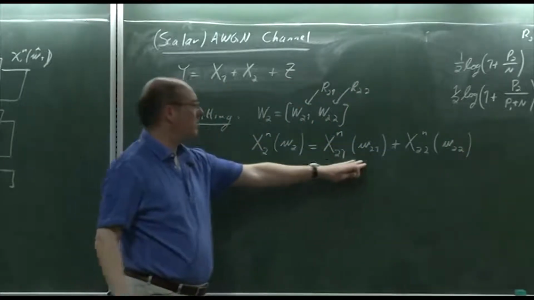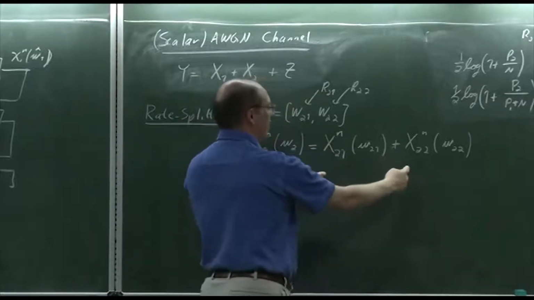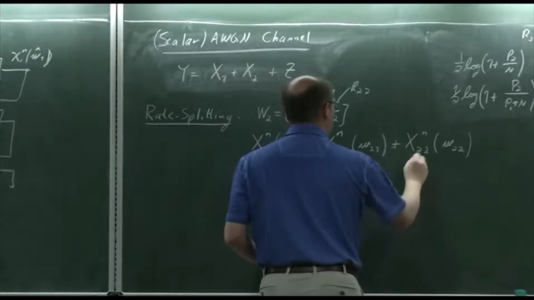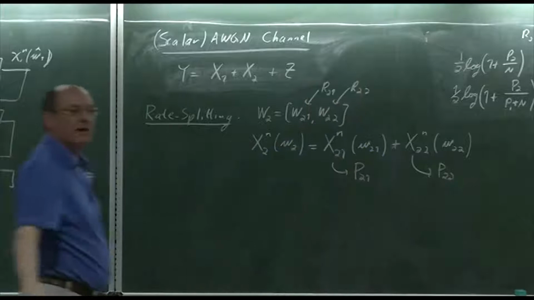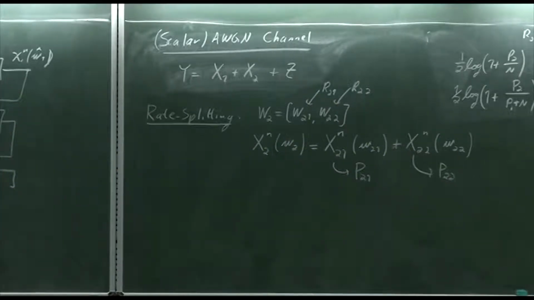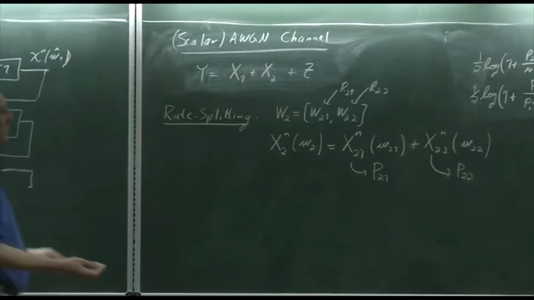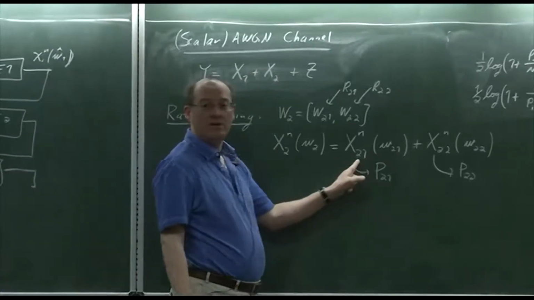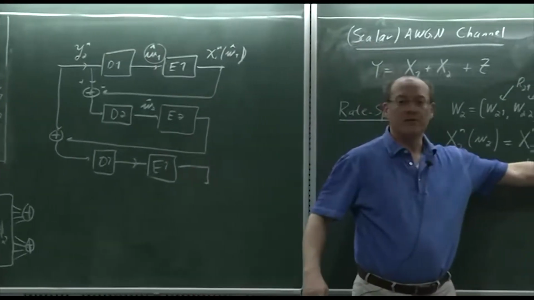We'll choose these codebooks to have lower rate, and then we add them together. We just have to make sure that the power we use here, let's call it P21, and the power we use here, P22, sum to the power of user 2. And now we'll decode using successive interference cancellation again, but we'll first decode this one, then we will decode message 1, and then we'll decode the final one.